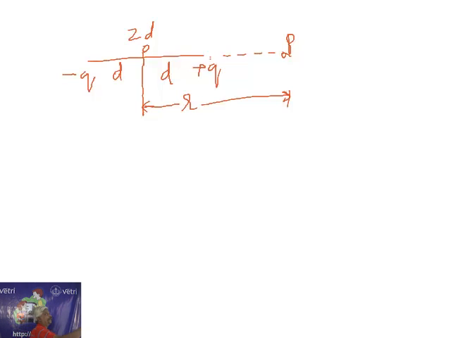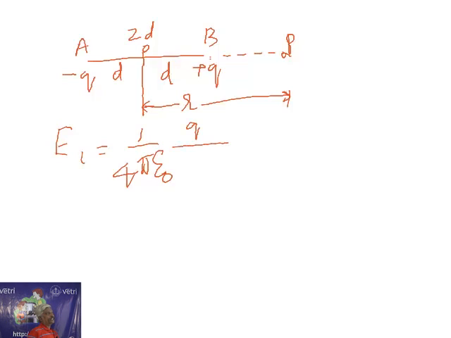Suppose I take the ends A and B. The electric field E1 due to plus Q charge at P uses the same formula: 1 by 4 pi epsilon naught, charge divided by distance squared. That is BP squared. BP is nothing but the total distance R up to this D, so R minus D the whole squared.